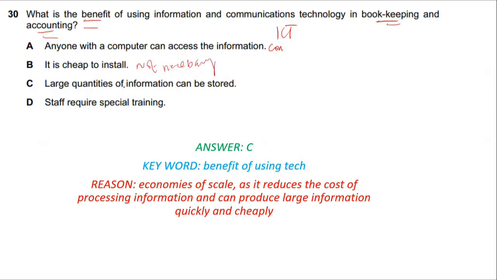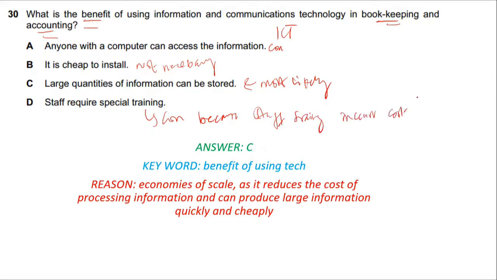Option C, large quantities of information can be stored. Yes, most likely, but we will look at option D as well. Staff requires special training. No, this is a con, because staff training incurs cost.